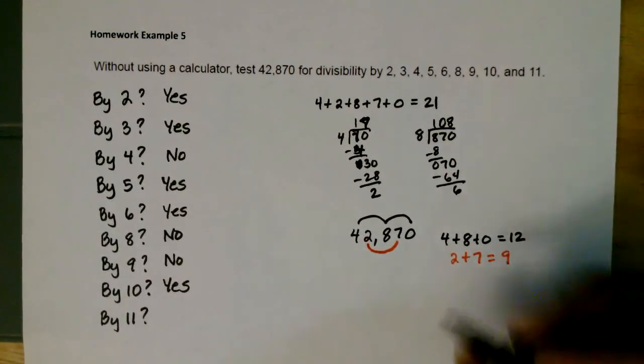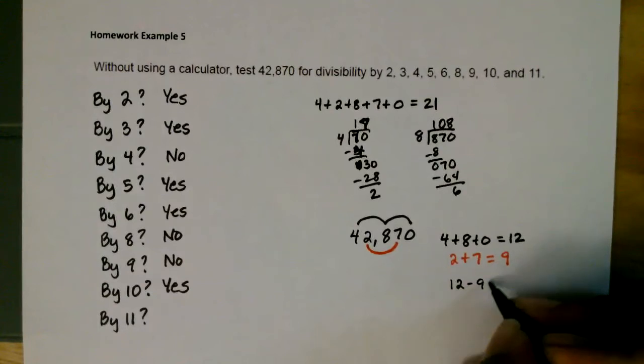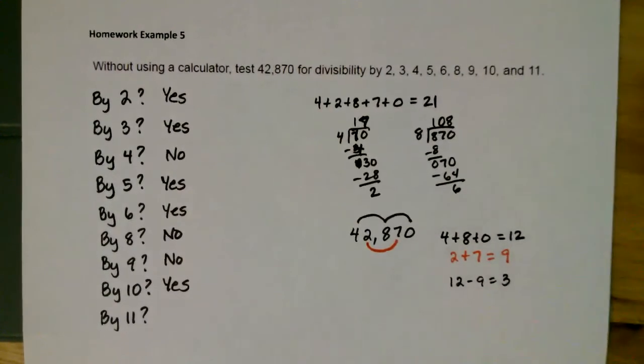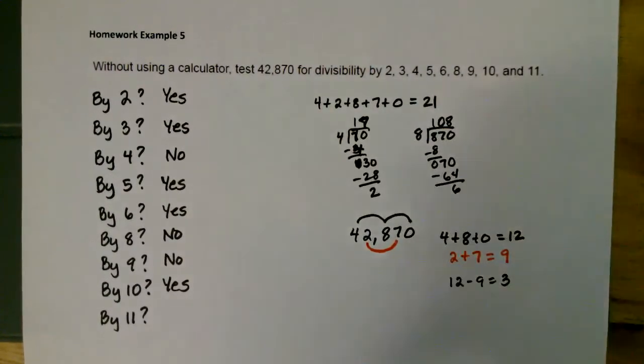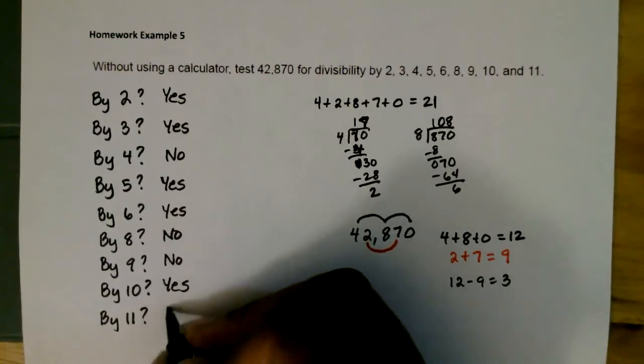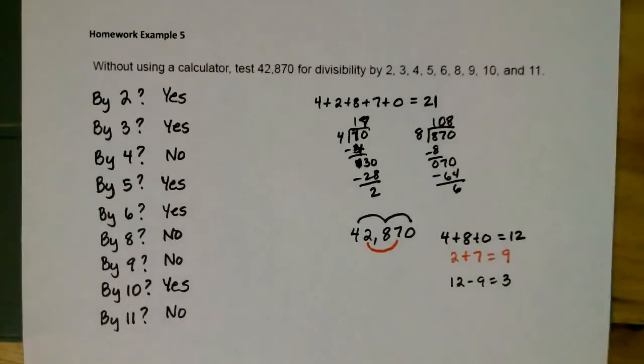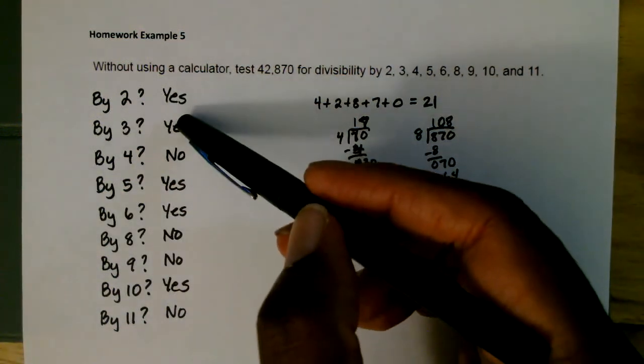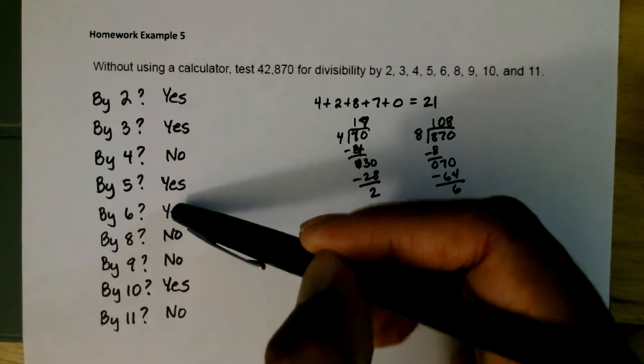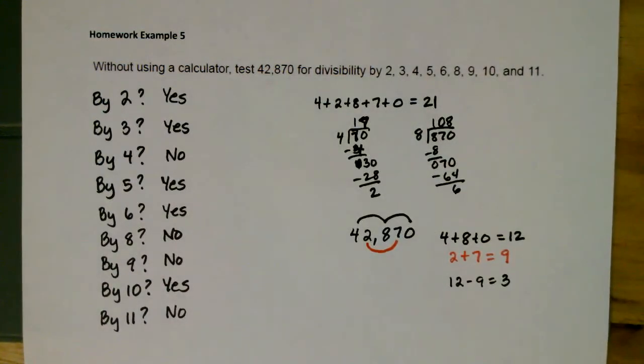Now, if I do 12 minus 9, I get 3. And 3 is not divisible by 11. So that means that 42,870 will not be divisible by 11. Okay. So in this case here, 42,870 is only divisible by 2, by 3, by 5, by 6, and by 10.